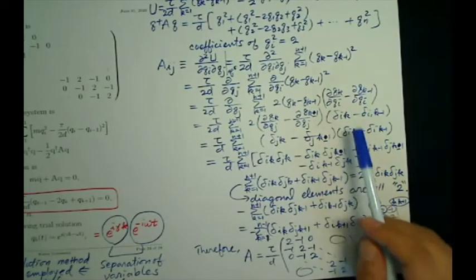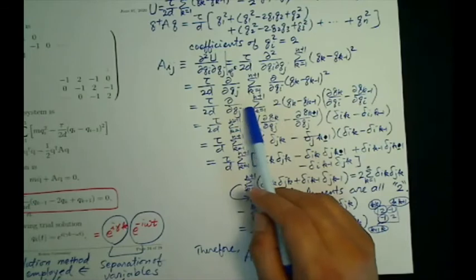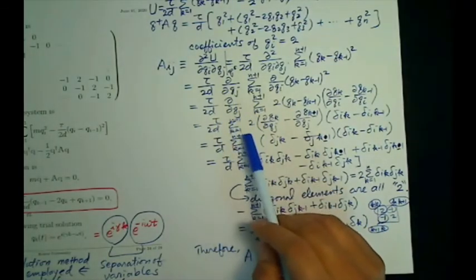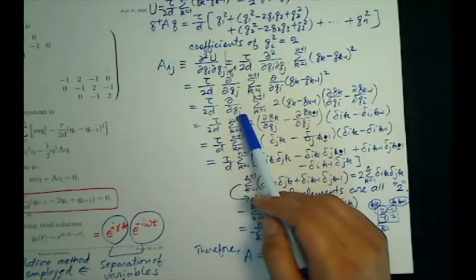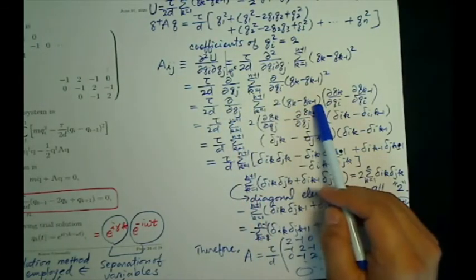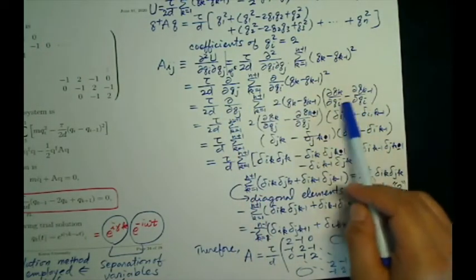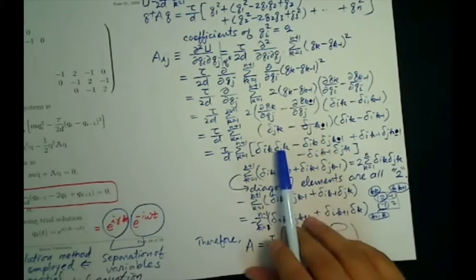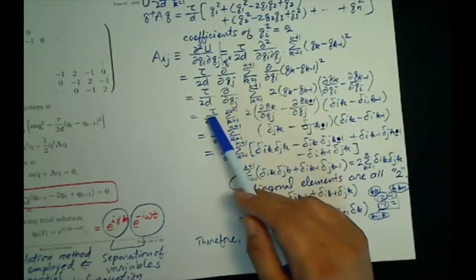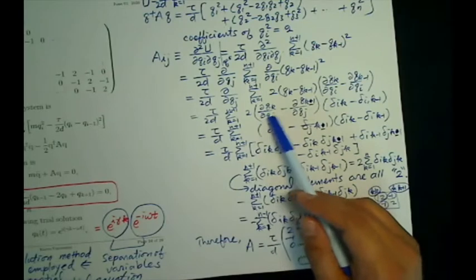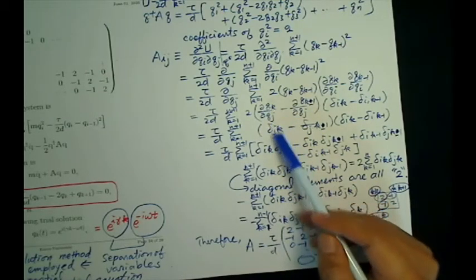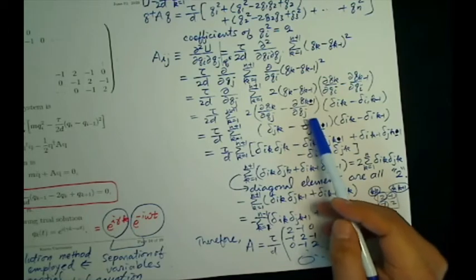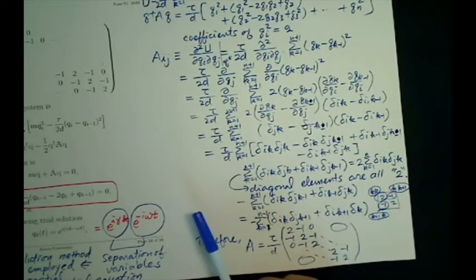All right, and then the next derivative is to be made. This differentiation is applied to this one because the remaining piece is just a constant. Then this factor of 2 cancels, and we still have other canonical deltas: this is delta jk, this is delta jk minus 1.